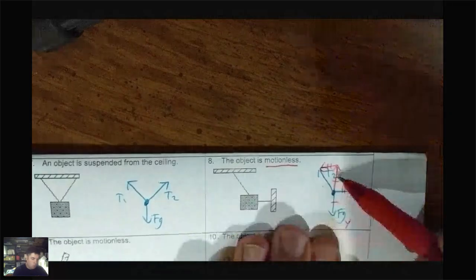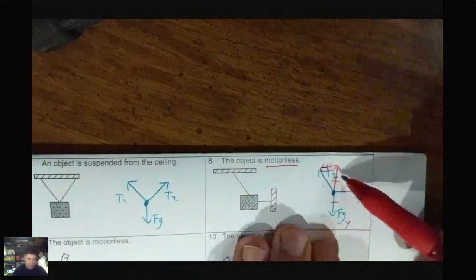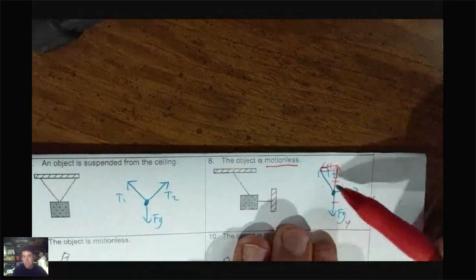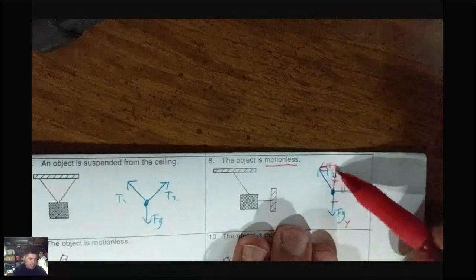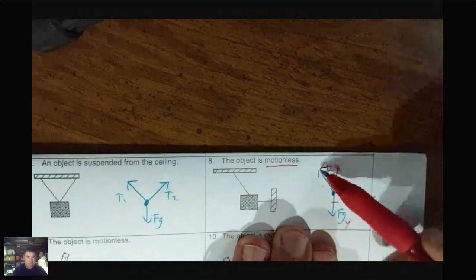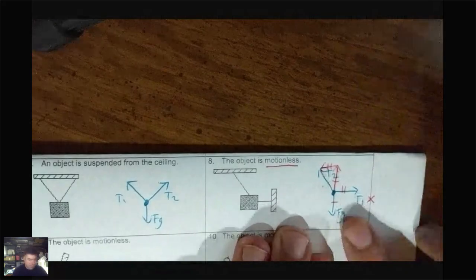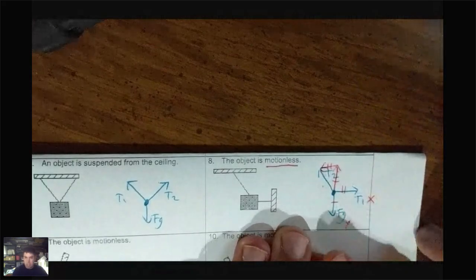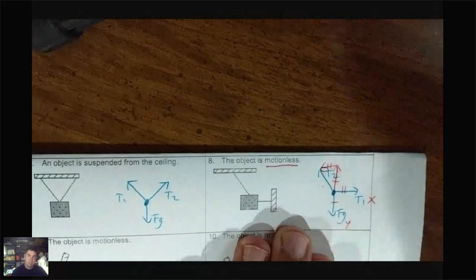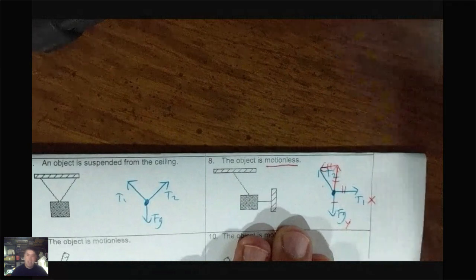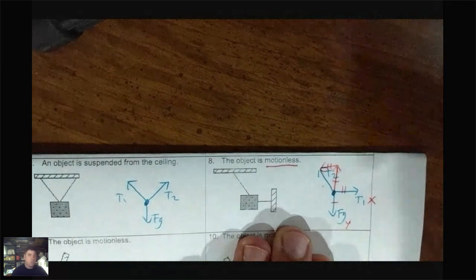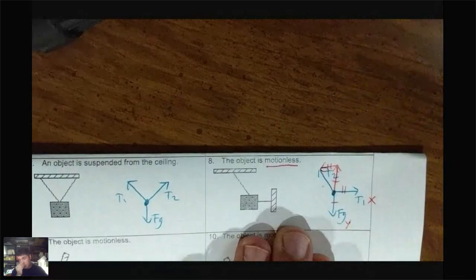So if you think about, let's say, the force of gravity being 10 newtons, that means this side is 10, and the hypotenuse has to be bigger than 10. So the biggest force in this scenario is T2, because it's doing two jobs. It's balancing out gravity, and it's balancing out that horizontal tension. And that's why T2 has to be the biggest force in this case.